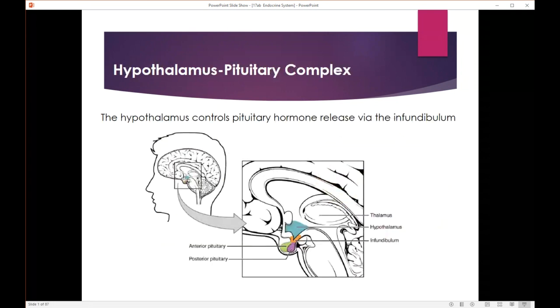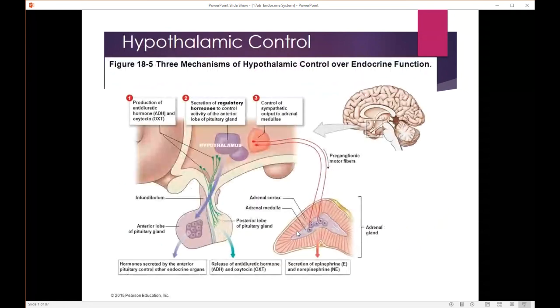The hypothalamus pituitary complex is where we have that hypothalamus. Here it is. Okay. And then it's attached to the pituitary with the infundibulum. Okay. And so the hypothalamus controls the pituitary hormone release. We have certain hormones that are produced by the anterior pituitary, certain ones that are stored within the posterior pituitary, and it is very tightly regulated by the hypothalamus.